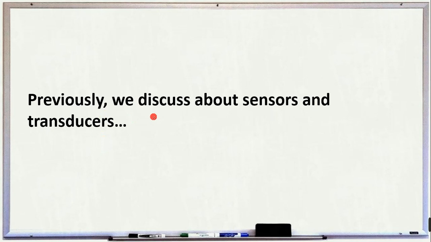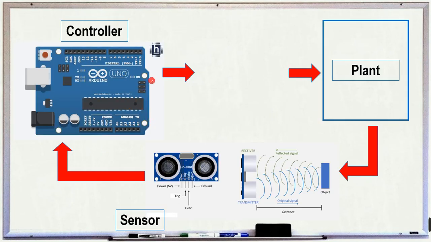Previously, we discussed sensors and transducers sa last meeting. This is our typical diagram of our mechatronic system, and we are already through with the controller. So our controller is considered the brain of our mechatronic system.